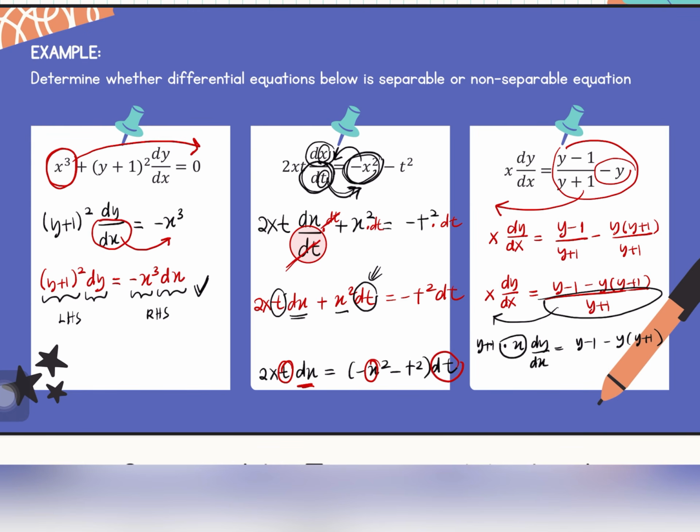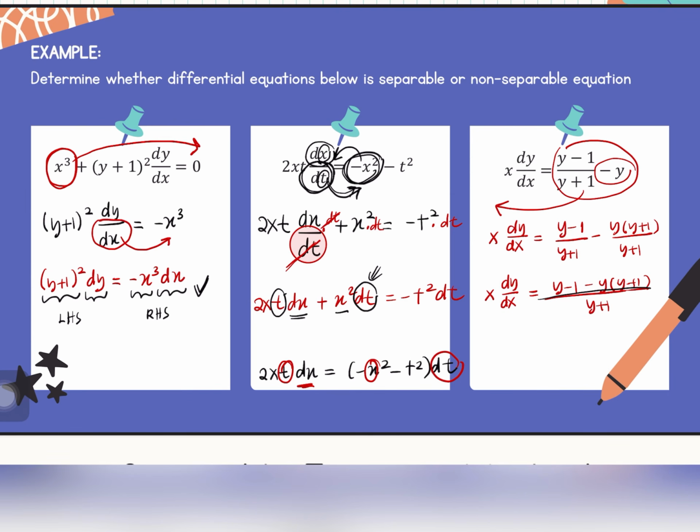darab x pergi sebelah jadi bahagi. Betul? Darab x pergi sebelah jadi bahagi. Ataupun paling senang adalah kalau kita nak remove pecahan. Okay, so kita ada pecahan dekat sini, kita remove pecahan pergi sebelah, dia akan jadi terbalik lah kan.